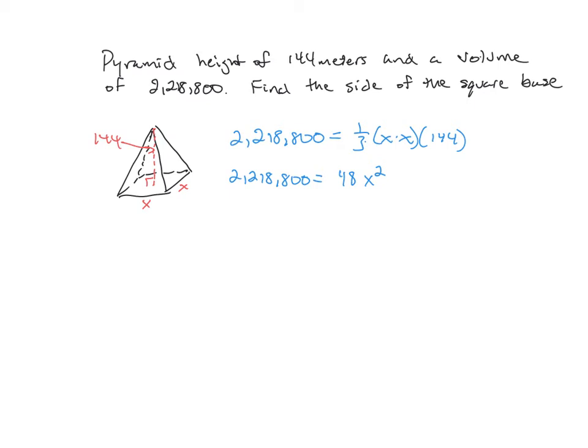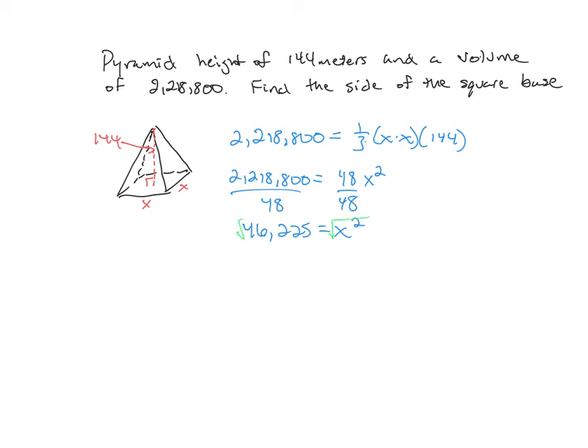So I'm going to have to do 2,218,800 divided by 48. And I get 46,225 even. It's not even rounded off.